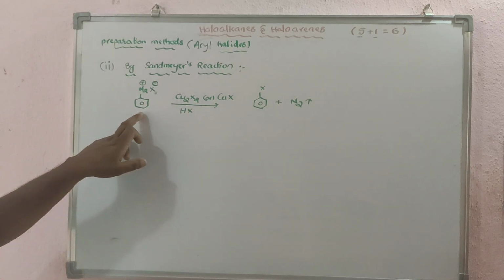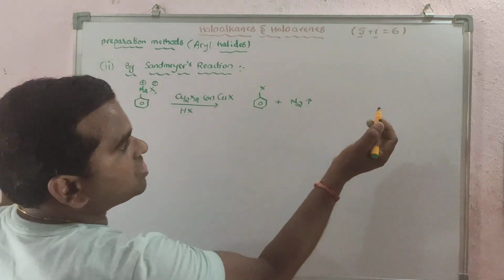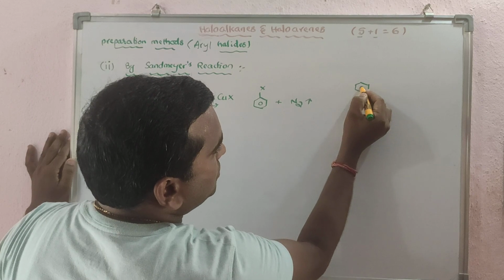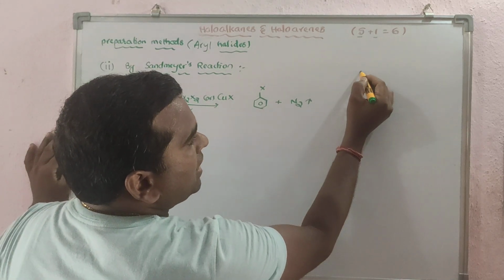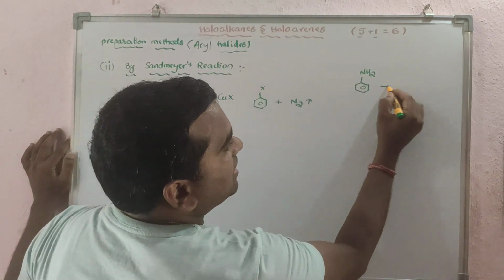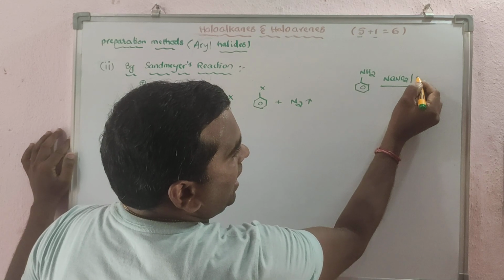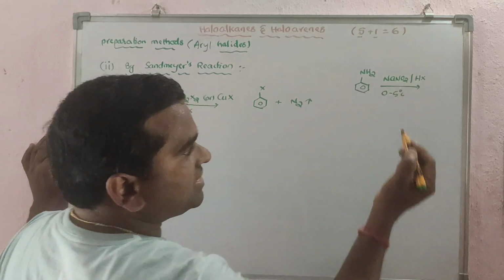And how to prepare this benzene diazonium chloride? This we will study in the amines chapter, but I will simply say how to prepare these benzene diazonium halides. Clear? Take aniline, an aromatic primary amine, treated with sodium nitrite and HX at 0 to 5 degrees centigrade.